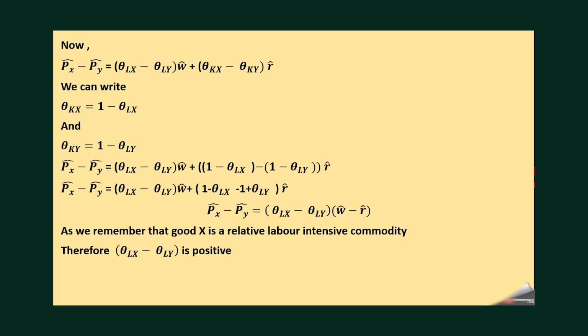So, theta LX is greater than theta LY. We have already assumed the price of good X has gone up, so Px hat minus Py hat is positive. Theta LX minus theta LY is positive. Therefore, to maintain the equation, W hat minus R hat must be positive.